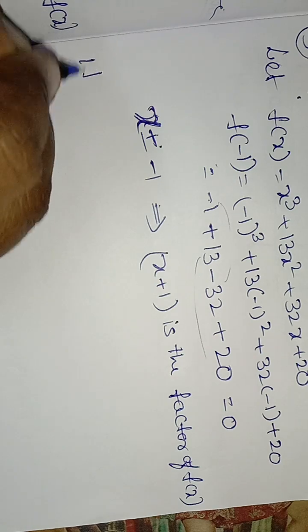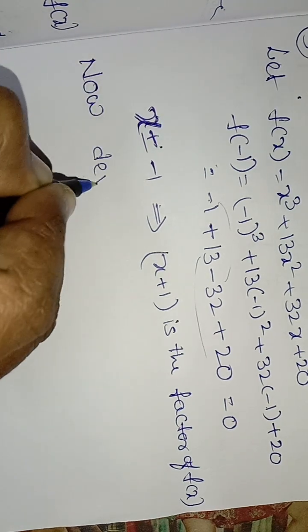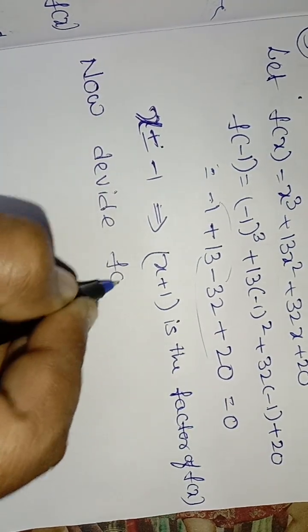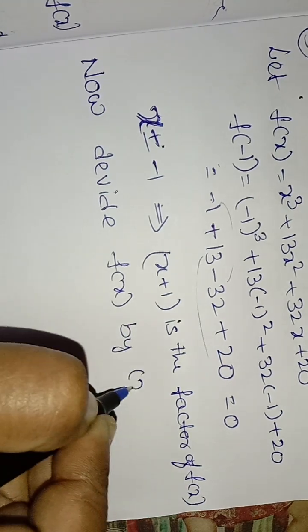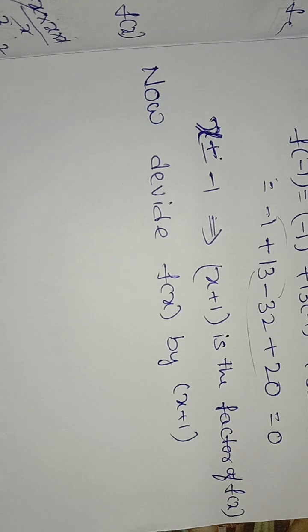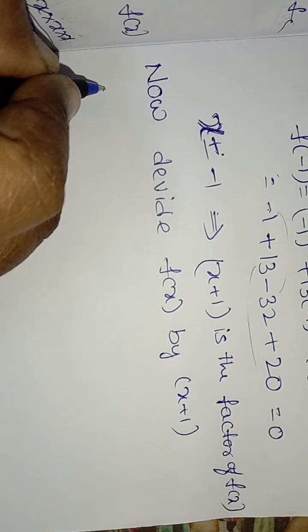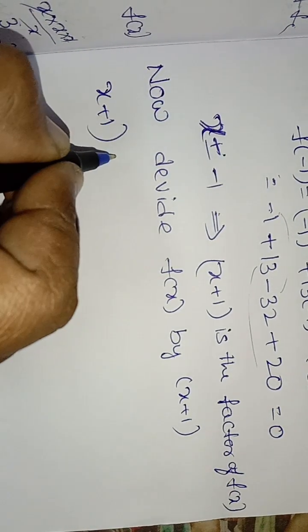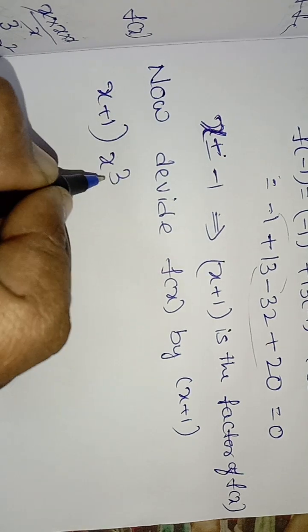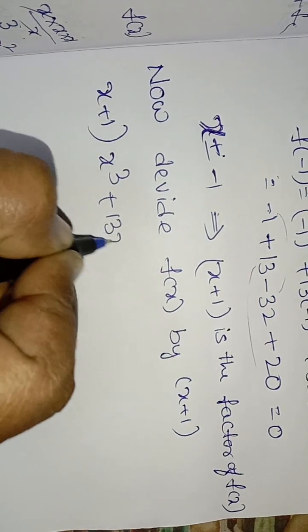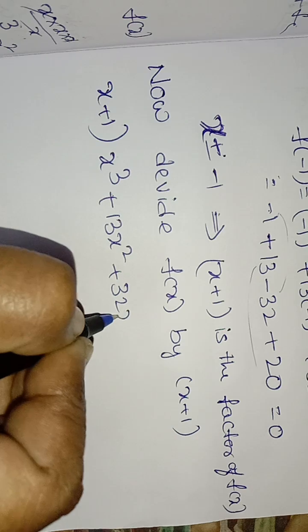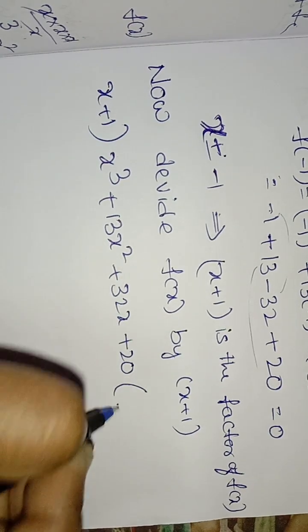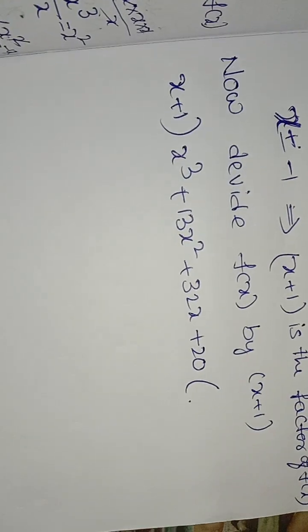Now divide f of x by x plus 1. So now we have to divide to find the remaining factors. Right? So x plus 1, x cube, write your f of x here, 13x square plus 32x plus 20. So what is our first step to find the quotient?